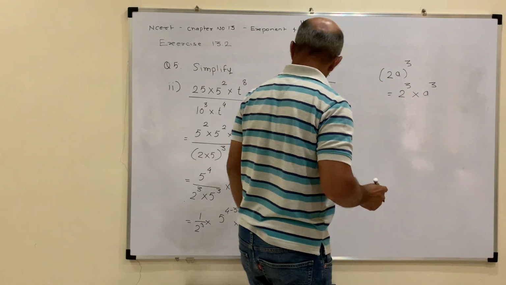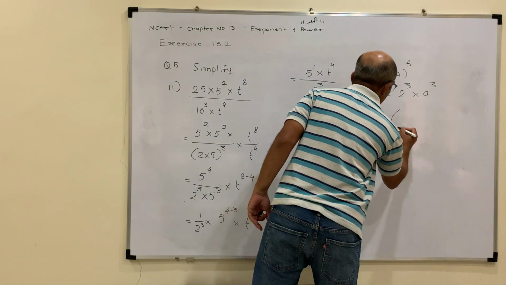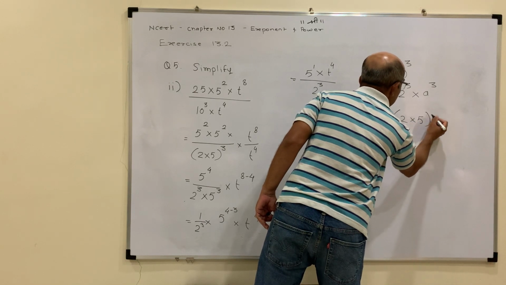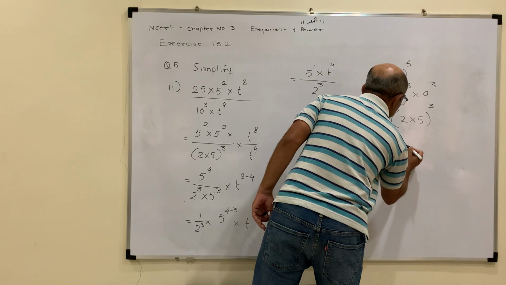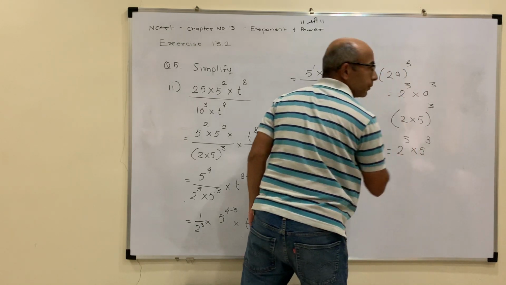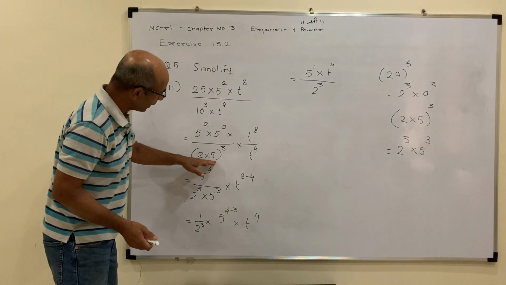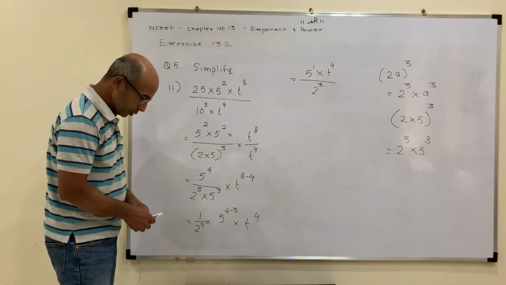In this case, it was 10. So I rewrote 10 as (2 into 5) raised to 3. So it comes out to be 2 raised to 3 into 5 raised to 3 in simplified form.